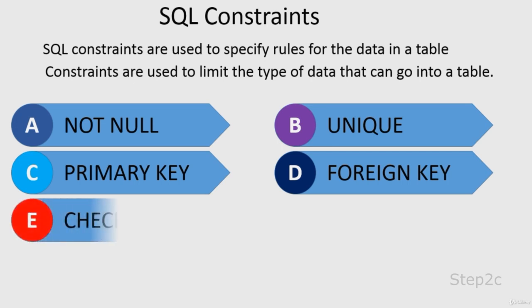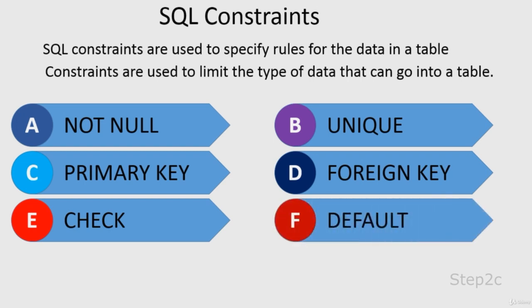Similarly, we have the check constraint. By using check, we can make sure of the kind of data, for example, employee name should be at least 3 characters long, or salary should be positive, or age should be between 0 and 120 or 130. Some kind of restriction we can make sure of. Similarly, we have the default constraint.